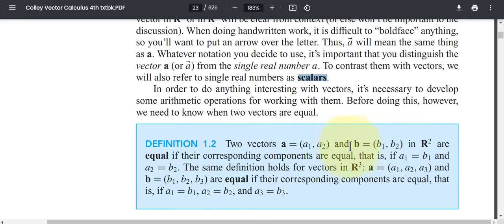They just have to have the same elements. The order is not important when we're talking about sets, but when we're talking about vectors, the order is important. So this has to equal this one, and this has to equal that one. If we have three elements, then A1 has to equal B1, and A2 has to equal B2, and so on.